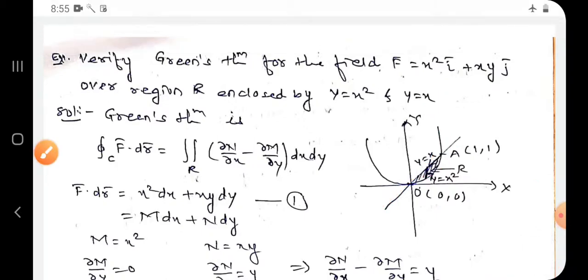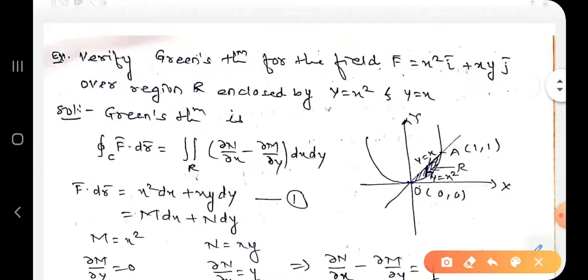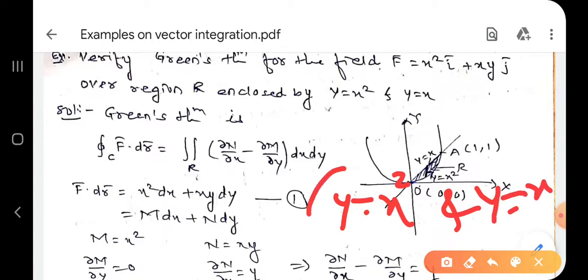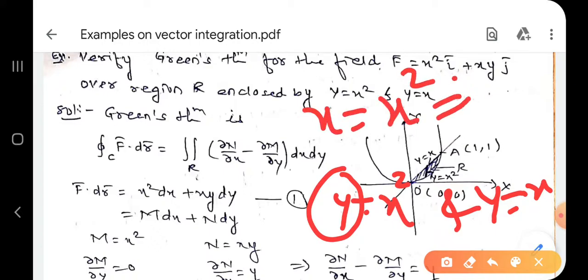Now here O (0, 0) is one point and the second point A is the point of intersection between y equal to x square and y equal to x. So here in place of y I substitute x, because y equal to x. So I get x is equal to x square. This gives me x equal to 1.